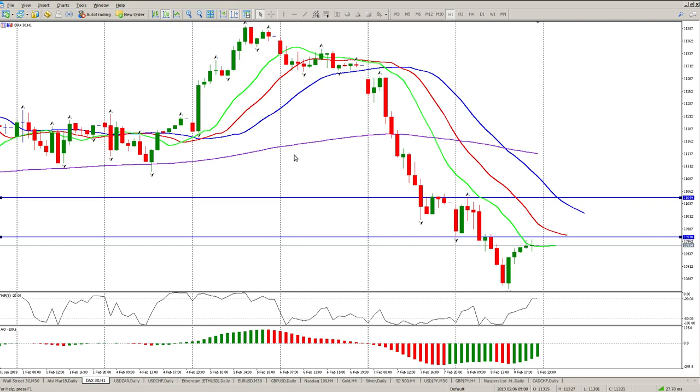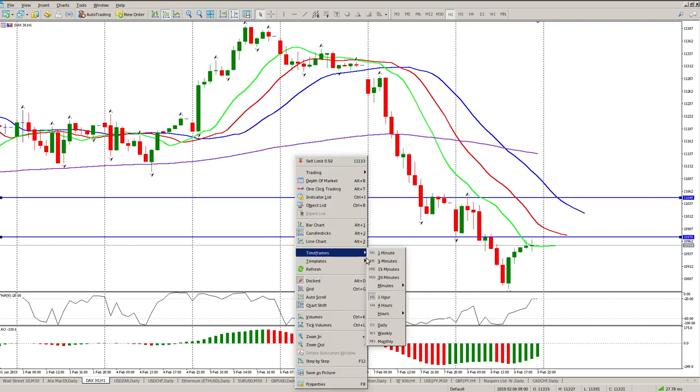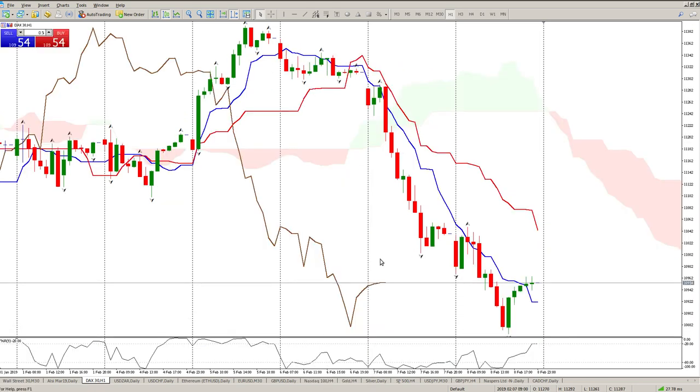The other way it is utilized, and quite a few people use fractals with the Ichimoku.